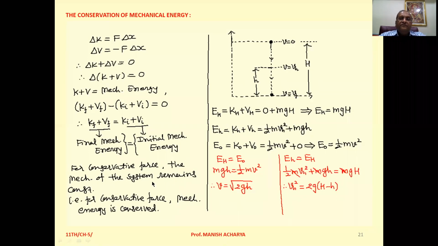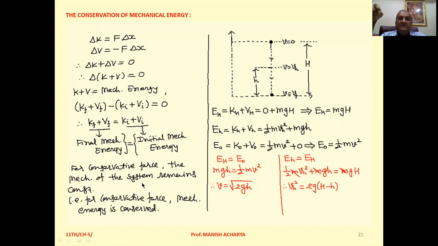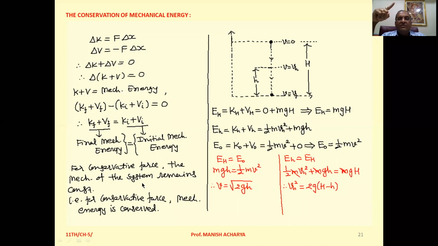Okay. So for conservative force, always remember this thing, the mechanical energy of the system remains constant. And this is called the conservation of energy or conservation of mechanical energy. If you remember, in chapter number 1, the statement was given for the conservation of energy.